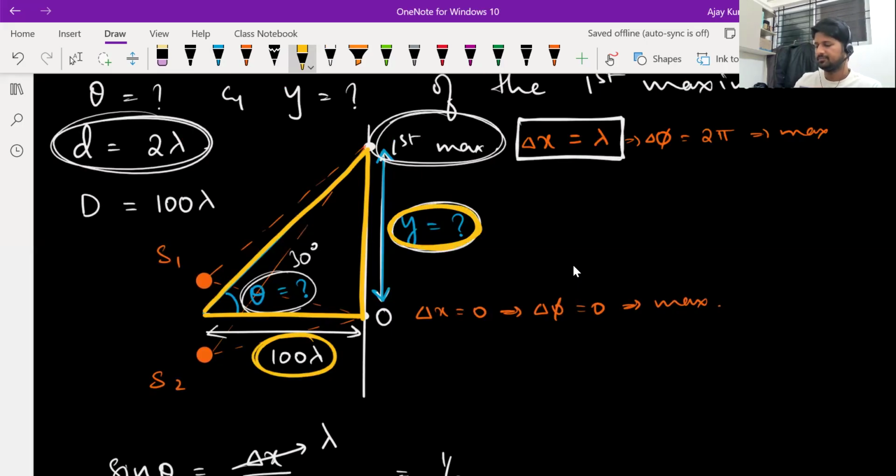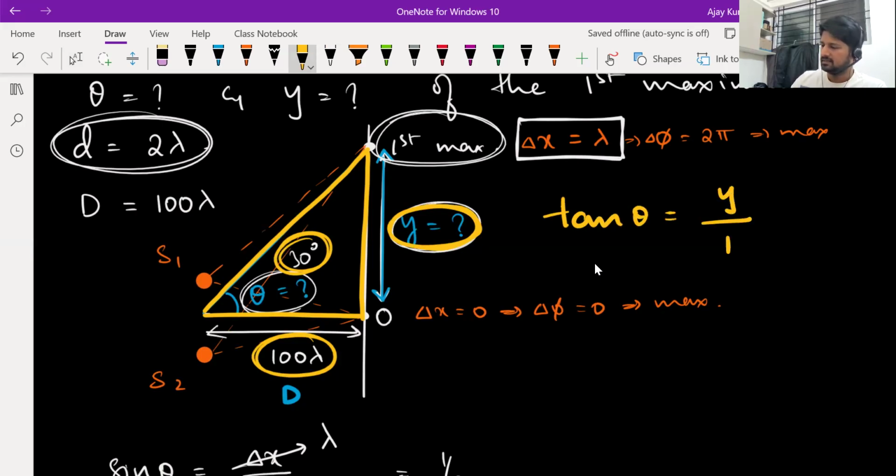How will you relate them? How are theta, y, and capital D related? In a right angle triangle, how do you relate opposite side and adjacent side? You use tan theta. Opposite is y, adjacent is D.